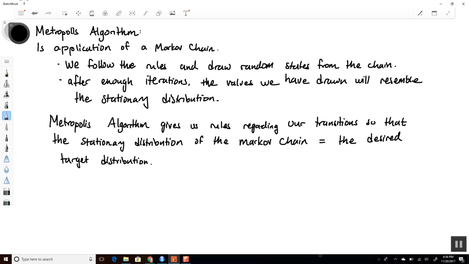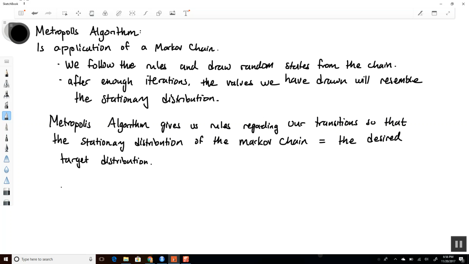Okay, and what it requires is that we are able to calculate the density up to a proportionality constant of the target distribution.